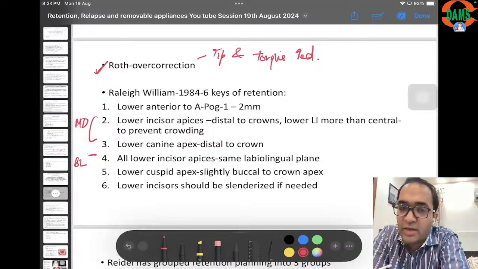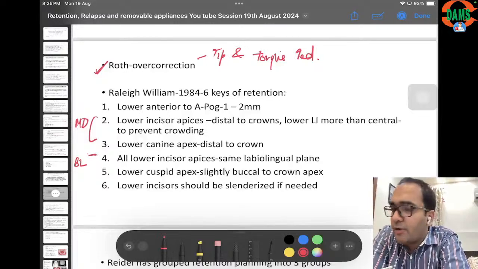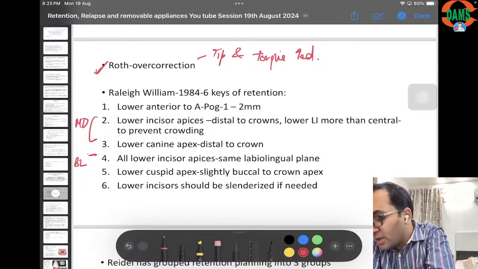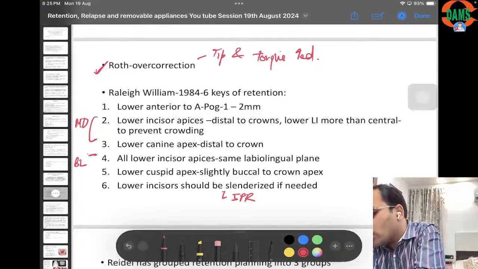The canine's apex should be slightly buccal to the crown apex. And if possible, post treatment, the lower incisors should be slenderized if needed. Slenderized means a slight amount of IPR should be done, approximately 1 or 2 mm. Why? To account for the late mandibular growth.